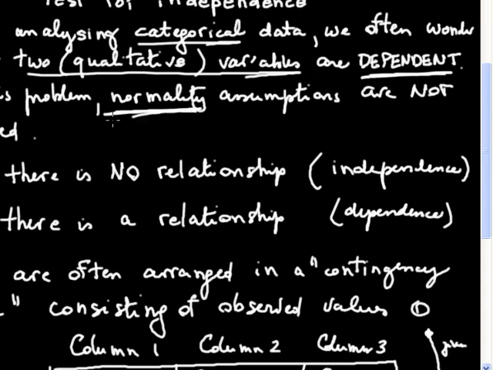It's, again, a non-parametric type of test, which is similar to the test for correlation, but it is for categorical data. The correlation is for quantitative, numerical data, while this one is for counts or categorical data.